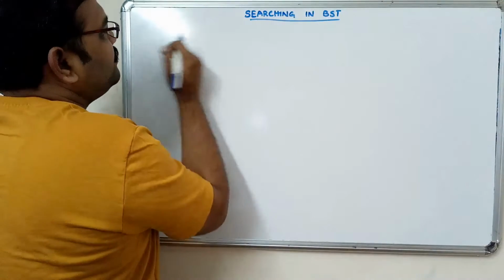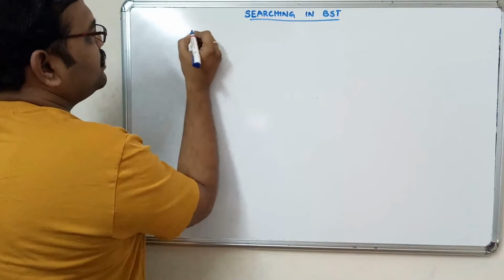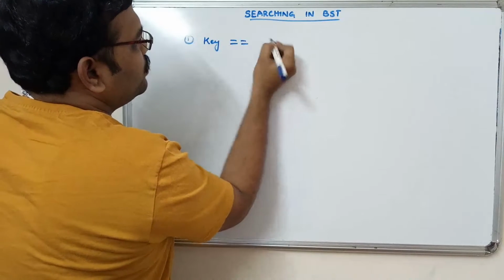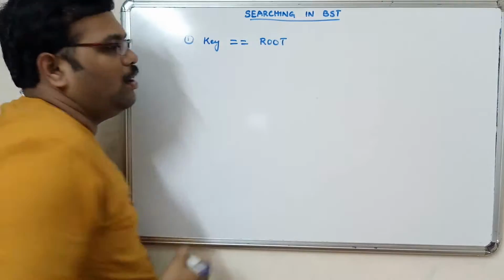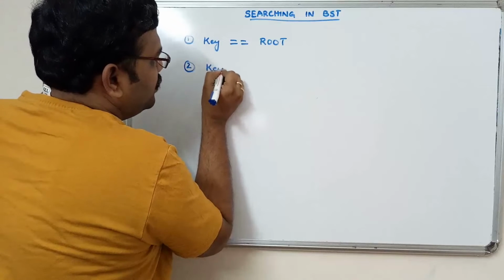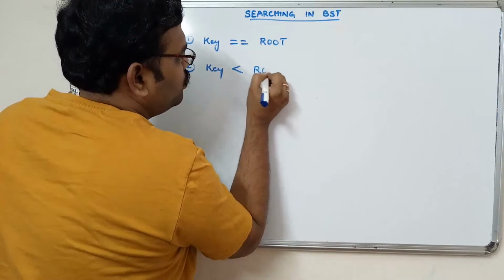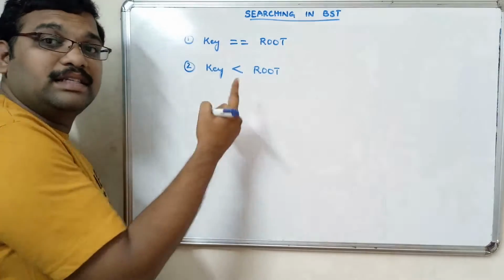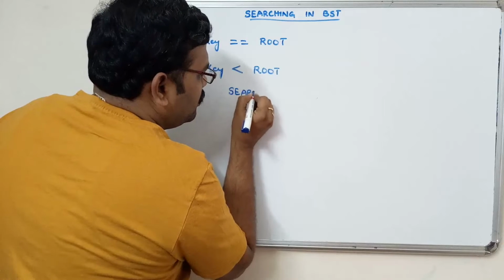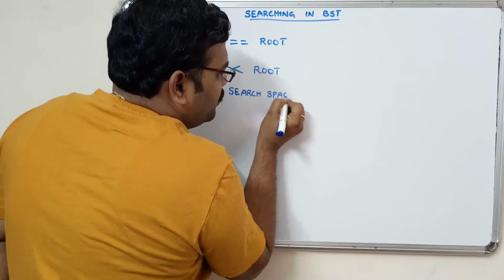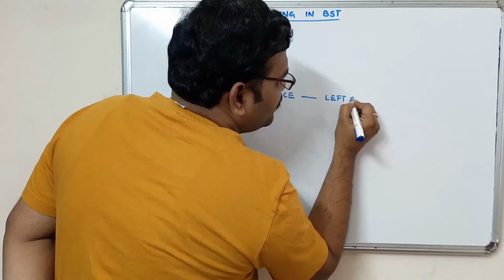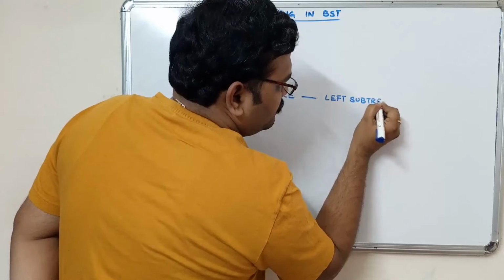Here are the three steps. First, key is equal to root, automatically we will find the element. Second, key is less than root, so here the search space will be reduced. The search space will be in the left subtree, right?